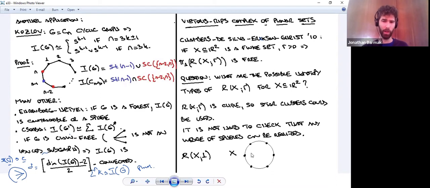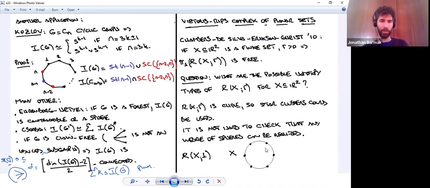Namely, I will fix this parameter R as 1, and if we take a circle of diameter 1, and we take an even number of points in such a way that for every point, the antipodal point is also there, if you want, this could be the vertices of a regular 2n-gon.